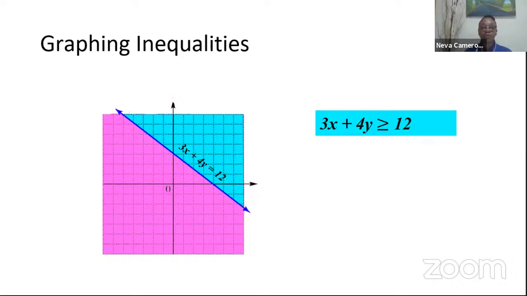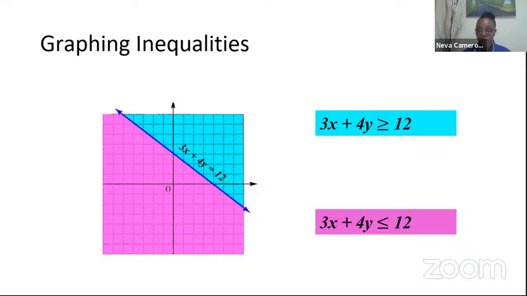So 3x plus 4y greater than or equal to 12 would be the region above the line, because we're looking at above, greater than, or equal to. When we're looking now at the region that is below, it would be 3x plus 4y less than or equal to 12. So we want you to pay keen attention to where we would shade based on the inequalities that are given. All right, very good.